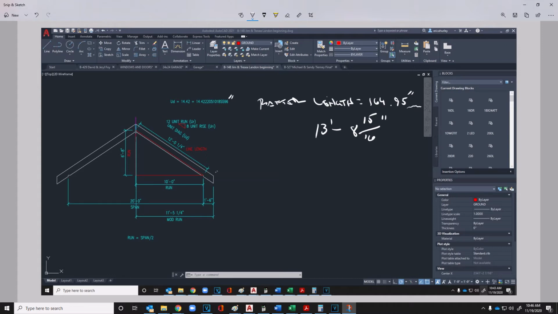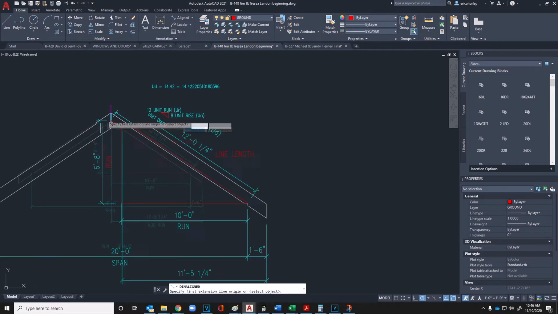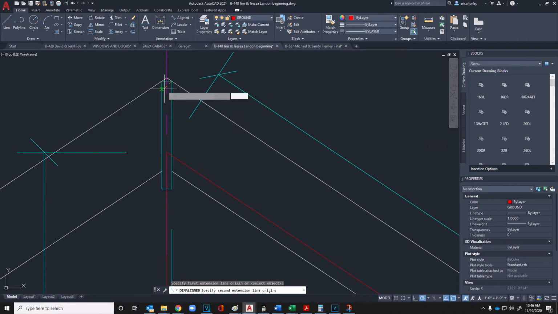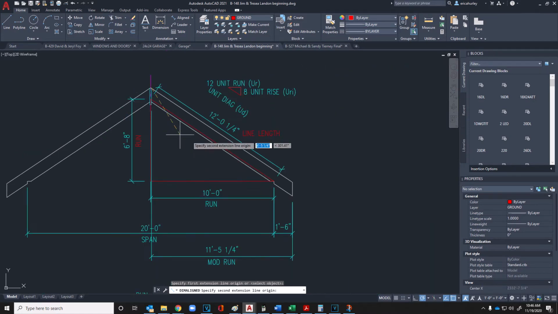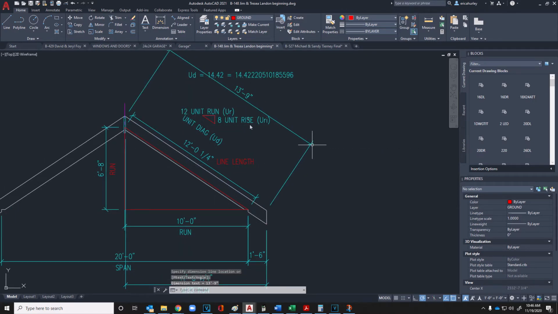All right, so that is going to be from there to there. So let's go back over to CAD and see if we've done it correctly. So I'm going to do an aligned, and I'm going from the corner there, where I don't want to have that ridge board, and now I'm going to the overhang there, and I have 13.9.